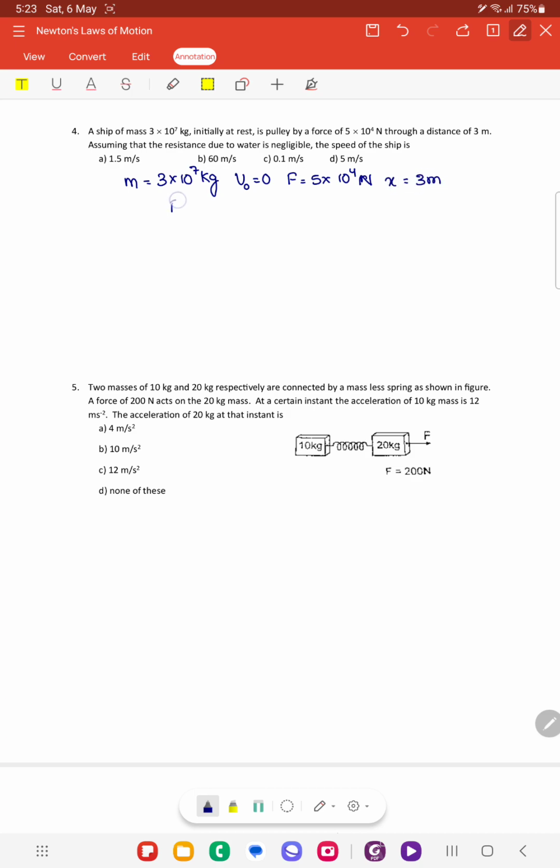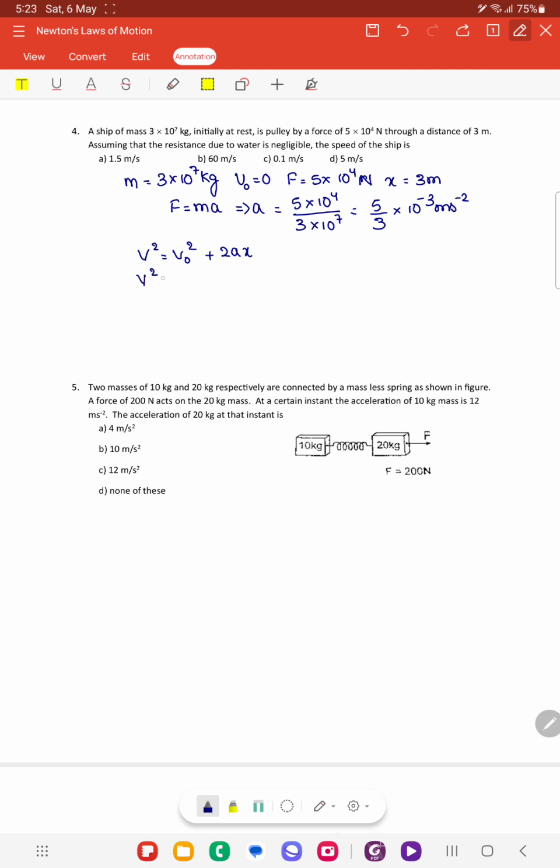So, we have F is equal to m into a, or a is equal to F by m, that is 5 into 10 raised to 4 divided by 3 into 10 raised to 7, which is 5 by 3 into 10 raised to minus 3 meter per second square. Consider the kinematic equation V square is equal to V naught square plus 2a into x.